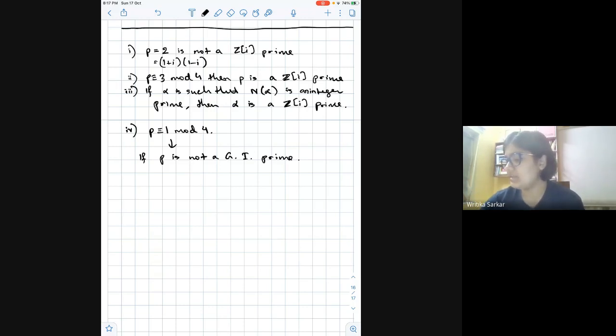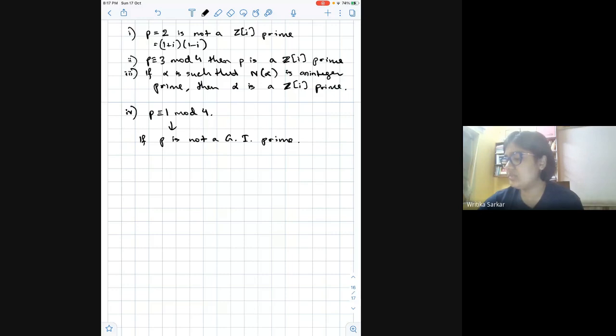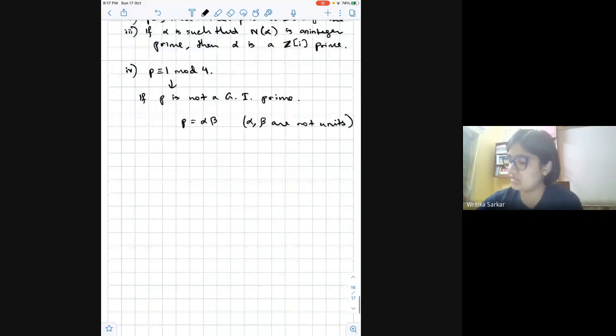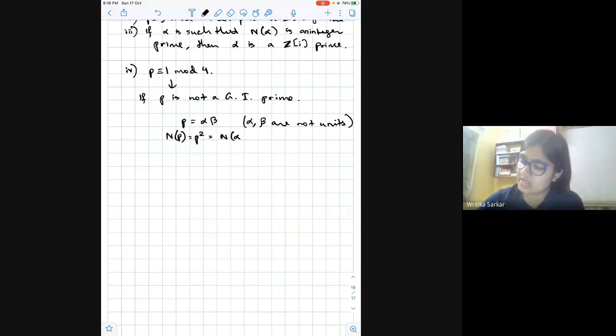Then we get that if p is not a Gaussian integer prime, then we can write p as some alpha times beta, where alpha and beta are not units, right? Because p is not a prime, so we actually have this good factorization. And then if we take the norm of both sides, then we have the norm of p, which is just p squared, equal to norm of alpha times norm of beta, right?